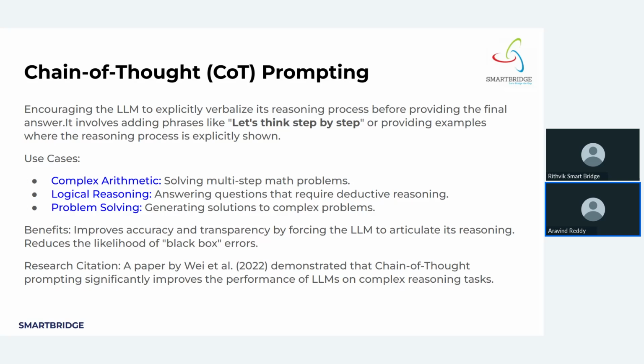Logical reasoning: for example, a blood relation question. If you ask that, it will draw a tree structure and explain. Problem solving: in these scenarios our brain does not capture things fast, so you need some structure, and it provides that in the chain of thought.